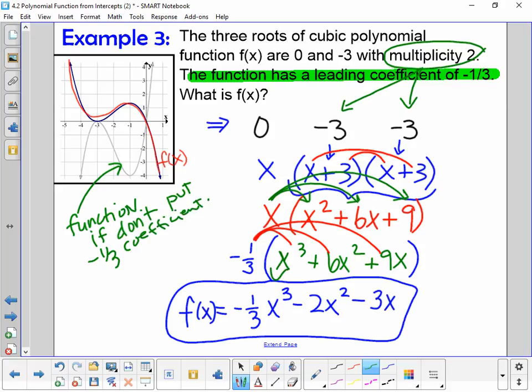So it's essentially the x to the third plus 6x squared plus 9x. So the one we wanted in particular was the one that I traced the red over. And it is right here.